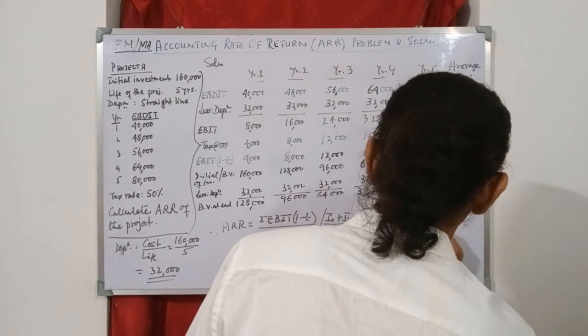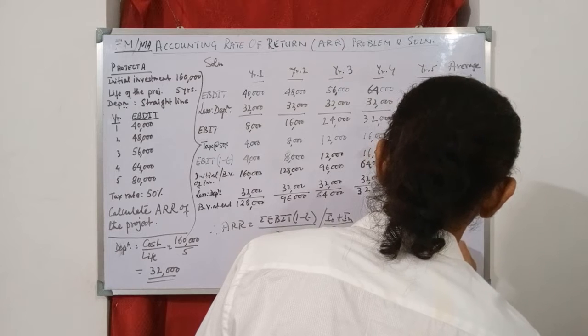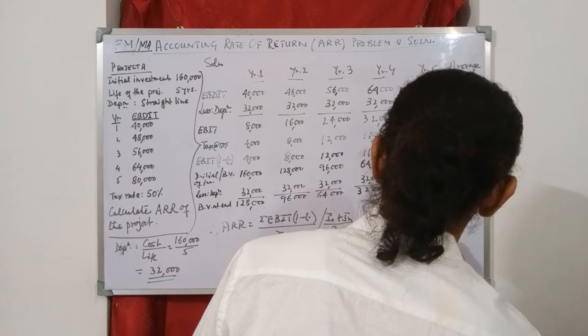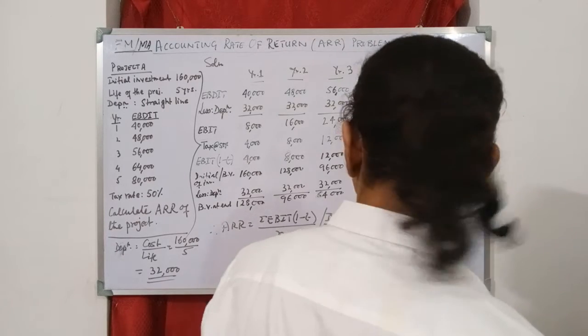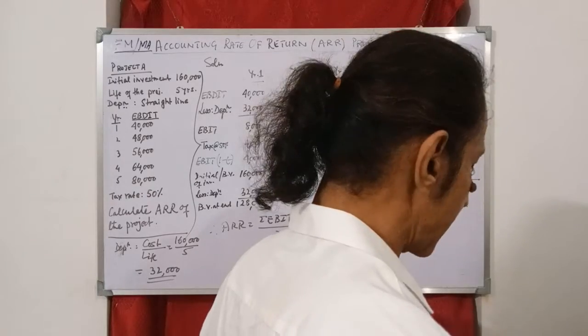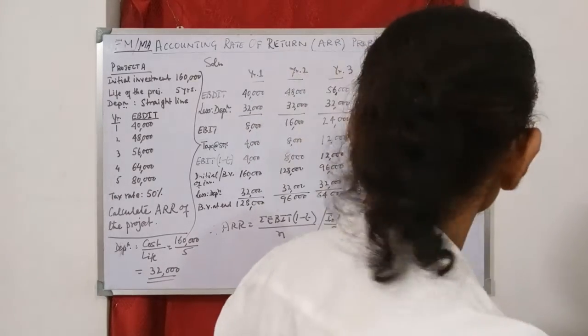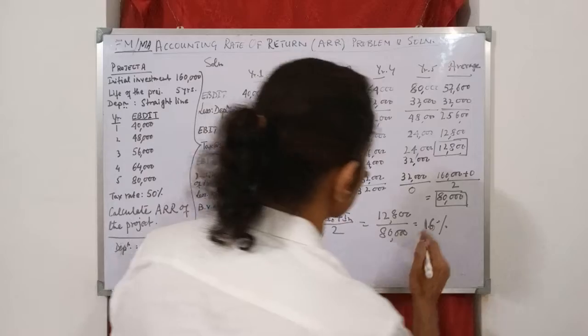This gives us ARR of 16%. So ARR of this given project is 16%.